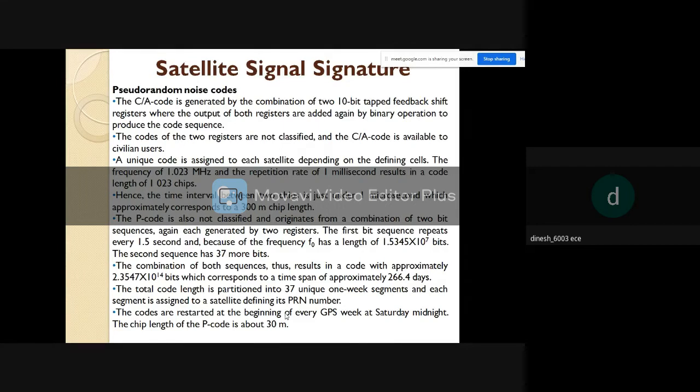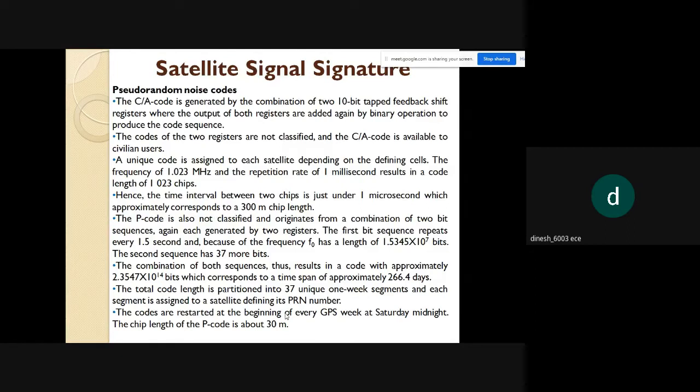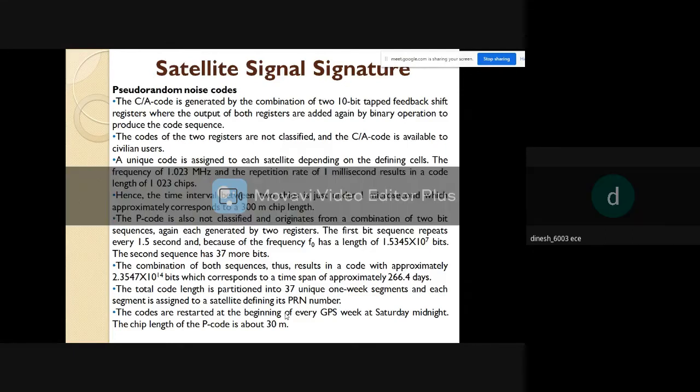A unique code is assigned to each satellite depending upon the defining cells, where the frequency of 1.023 megahertz and the repetition rate of 1 millisecond result in a code length of 1023 chips.